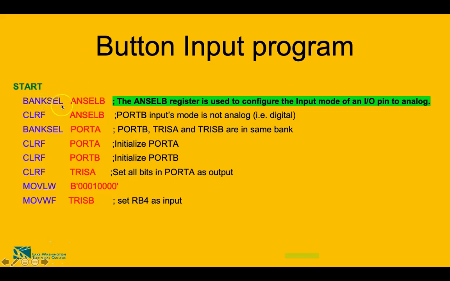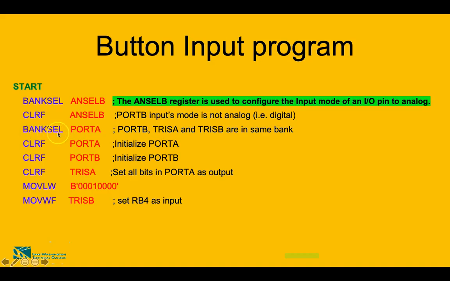So bank select ANSELB. The ANSELB register is used to configure the input mode of an input/output pin to analog. And then you will do CLRF ANSELB. Port B input mode is not analog, that is digital. If you provide this CLRF, the port B input mode is going to be digital input mode.